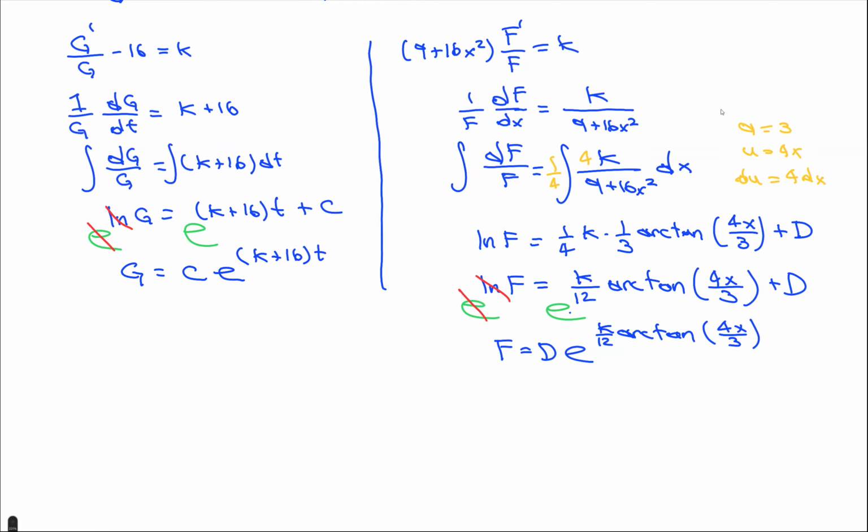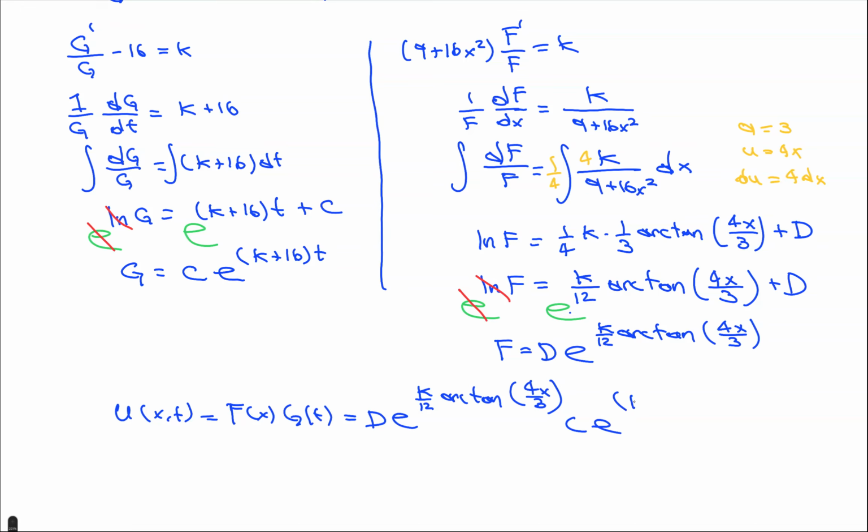Coming back to the solution, u of x,t equals the product of f and g, which is f of x, g of t, that equals d e to the k over 12 arctan of 4x over 3 times c e to the k plus 16 times t.